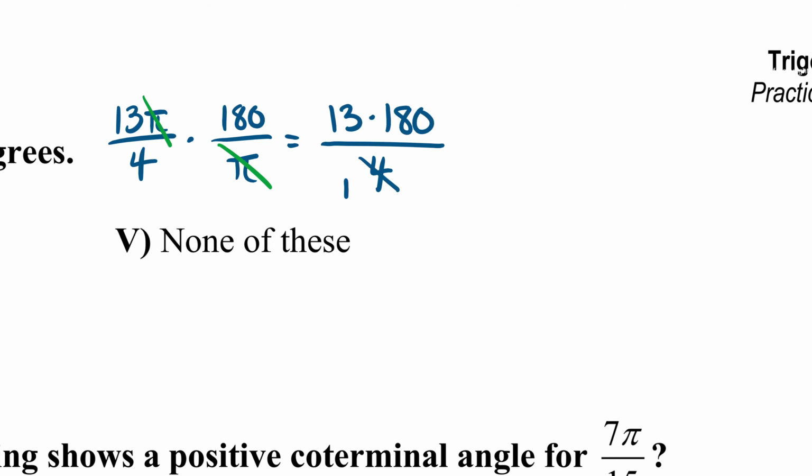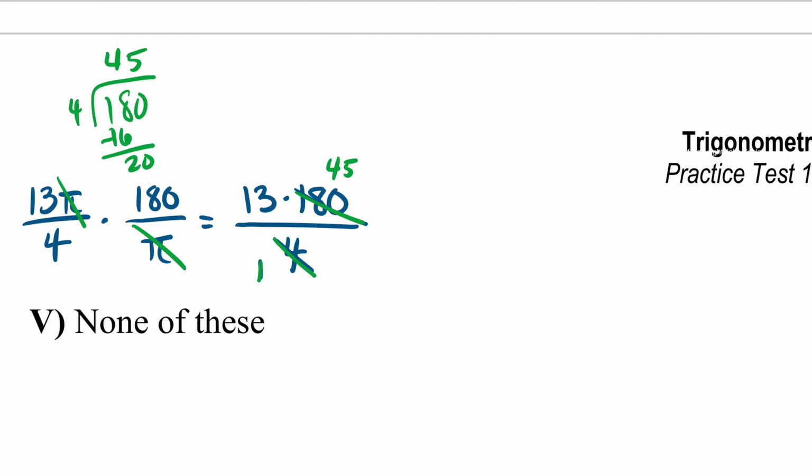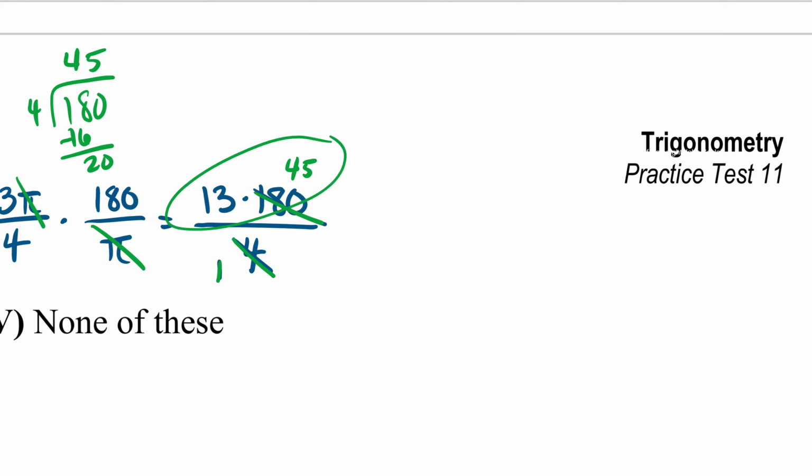So 4 goes into 4 once. 4 goes into 180. Let's make that green. So 4, okay, let's see. 4 goes into 18 4 times. That's 16, 5. Okay. So 45. So I would have actually 13 times 45.